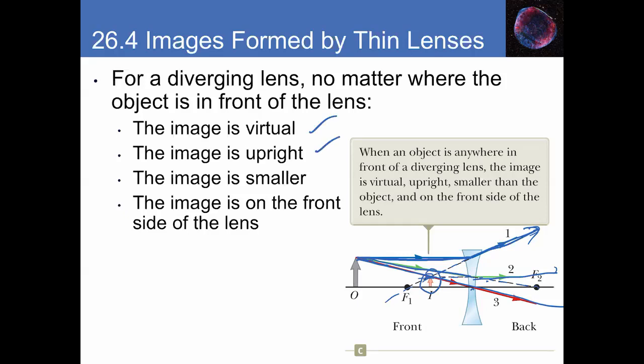It's upright because H prime will be positive and magnification will be some positive number, maybe 0.5 or something like that, because it's always going to be smaller, and in front of the lens. Okay, so this is always true regardless of where the object is positioned. No matter where you are, you're always going to get this.